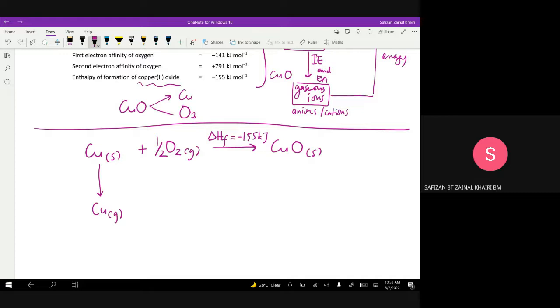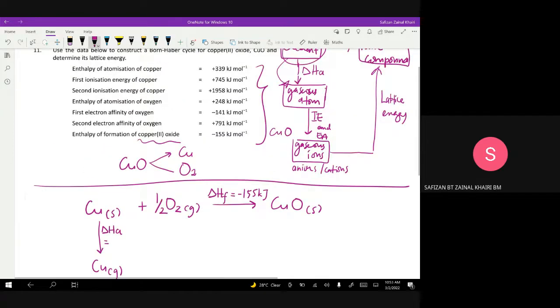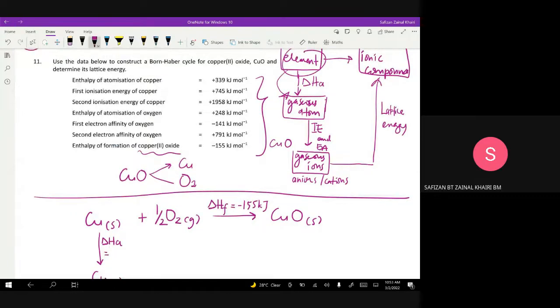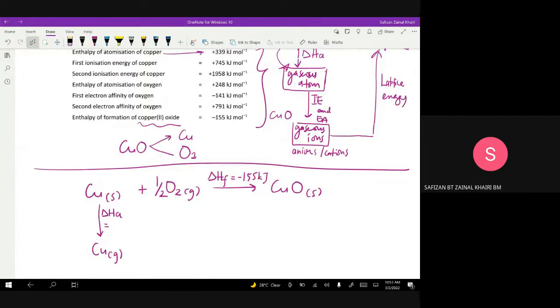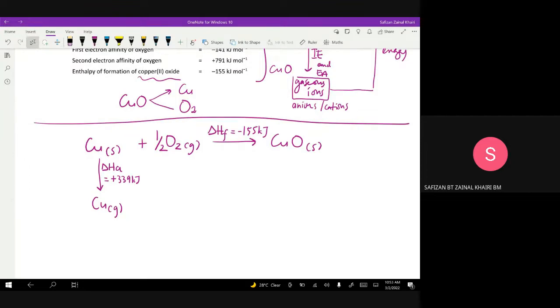So the enthalpy involved here is the enthalpy atomization of copper. The value is positive 339 kilojoule. Okay, copper done, dah jadi gas.